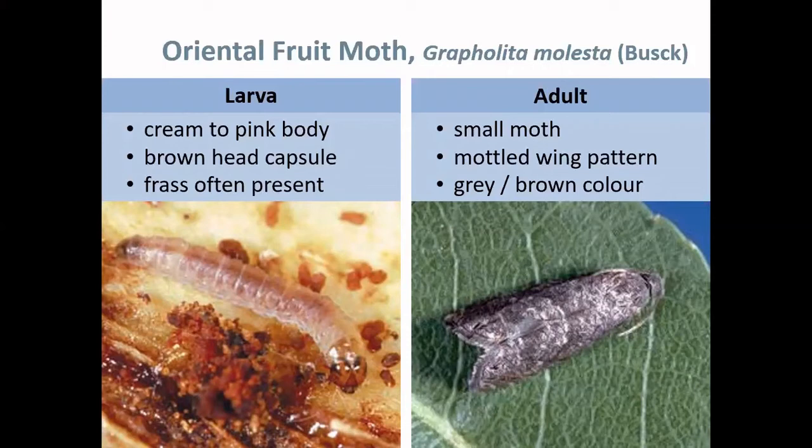It can look fairly similar to some of the other insect pests, and this will be discussed in later presentations. The adult is quite a small moth, and it's rather indistinct in terms of its pattern. It's a gray to brown mottled color, and can be rather indistinct on a trap.